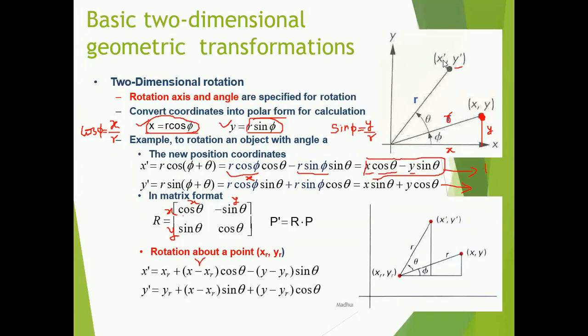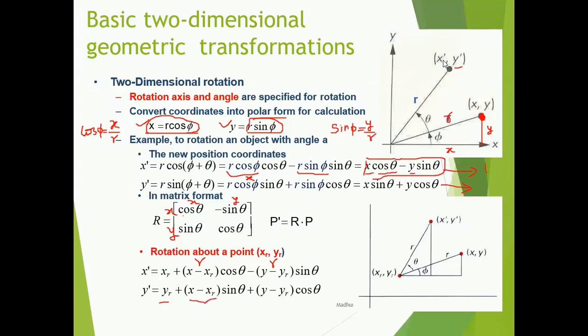again y minus yr, that is r again, r itself into sine theta. And for y dash, you can write yr, the arbitrary point yr, plus x minus xr.